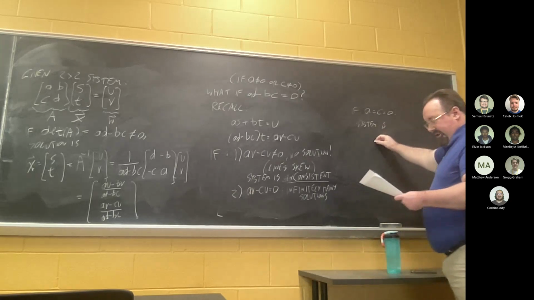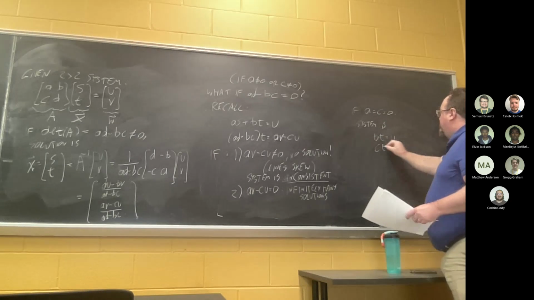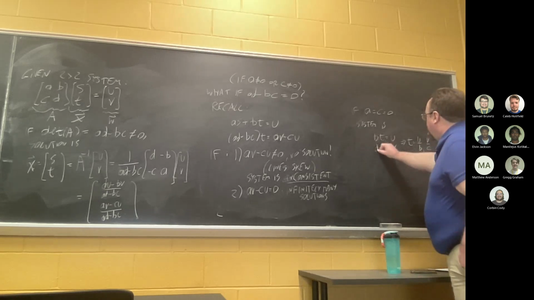All you have is BT is equal to U and DT is equal to V. So now you can solve both these equations for T to get two potentially conflicting values, U over B or V over D.